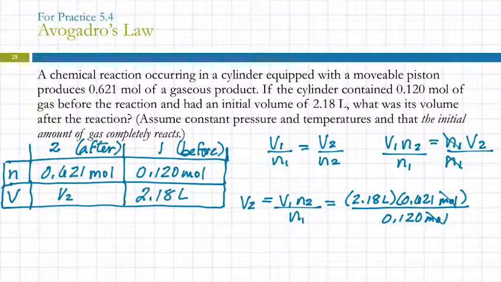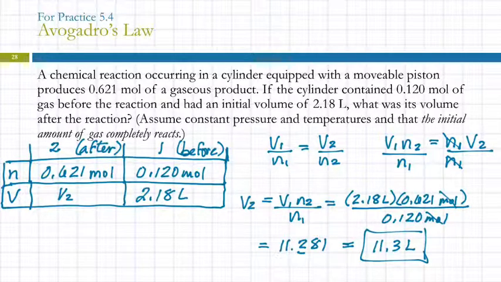So you see the mole units cancel out. 2.18 times 0.621 divided by 0.12. As is typical with book problems, there's 3 sig figs. Write down 2 extras and then round this to 11.3, and the unit left is liters. So that's the new volume.